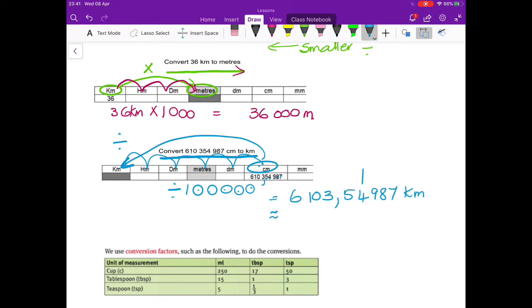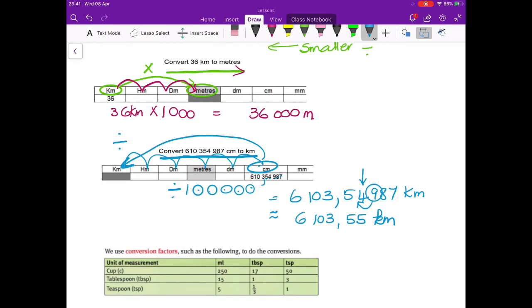When I round, I mark my place, I look at the neighbor: 5 or more, let it soar. So I'm going to add 1 onto the 4, and it's going to be 6,103.55 kilometers.